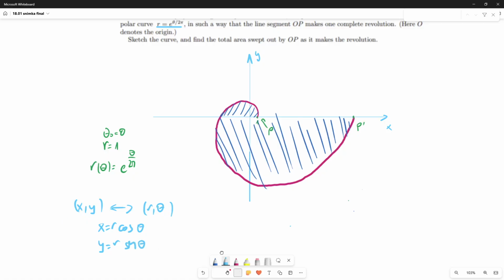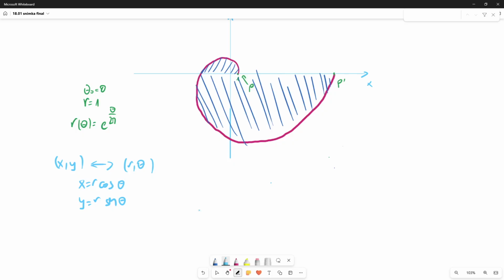We know this. In order to calculate our area using the polar coordinate system, we will take a look at a small segment of the area. Let's take a look at this segment over here.